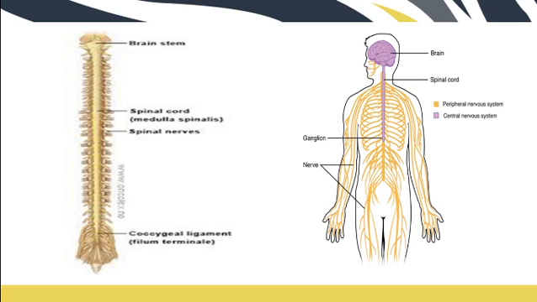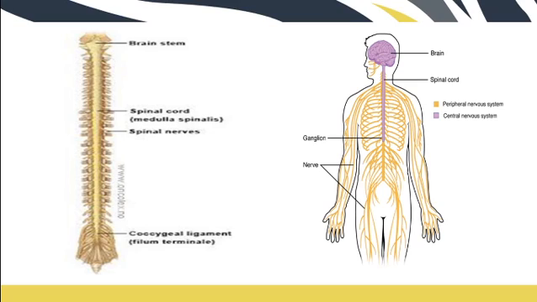In this picture we can clearly observe the nervous system. It is composed of nerves, mainly the brain and spinal cord, and nerves cover the entire body.